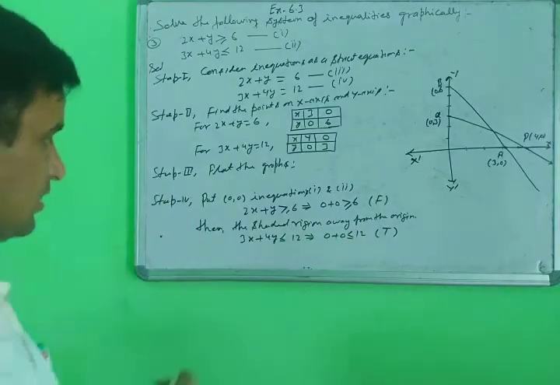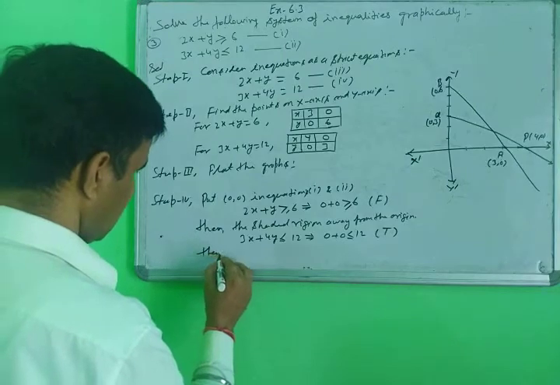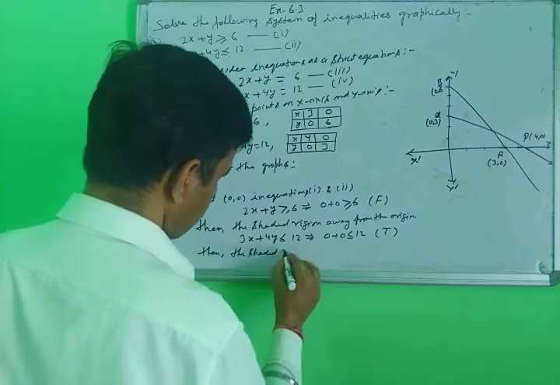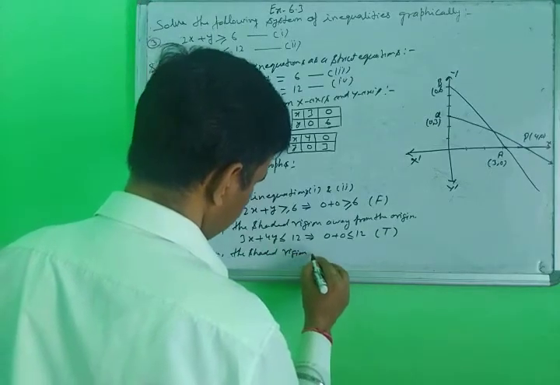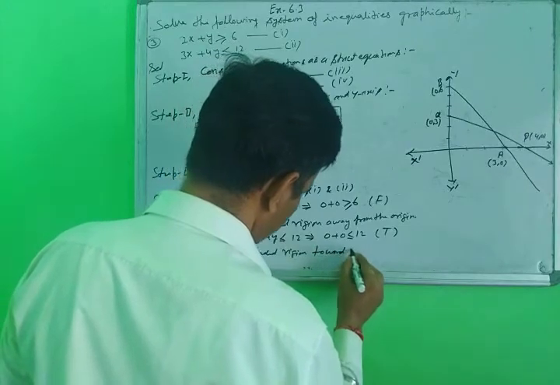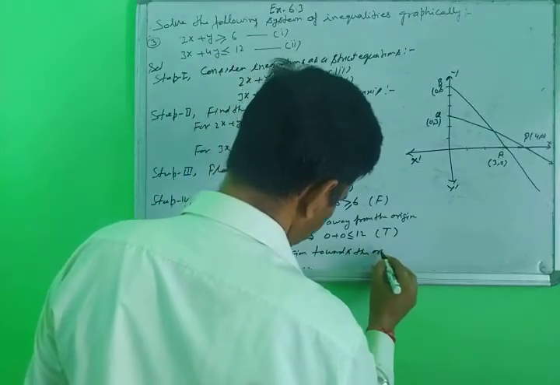Then you can say the shaded region is towards the origin.